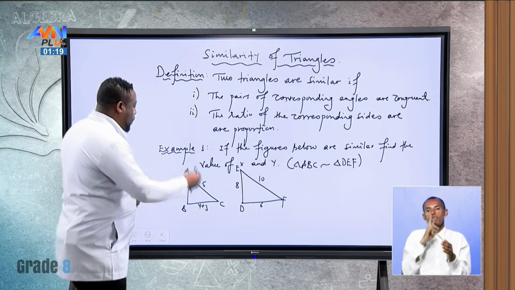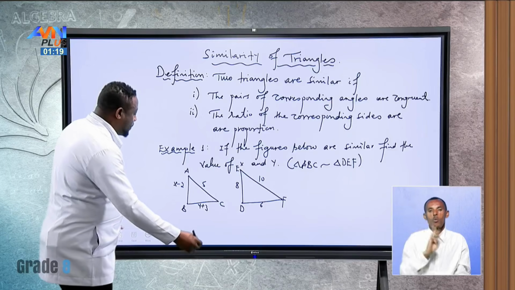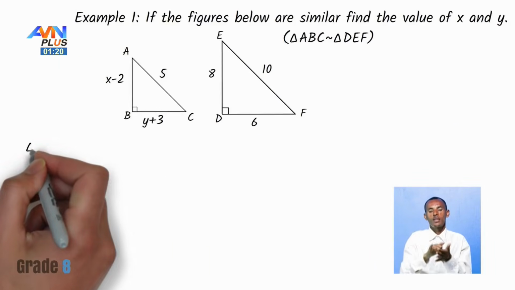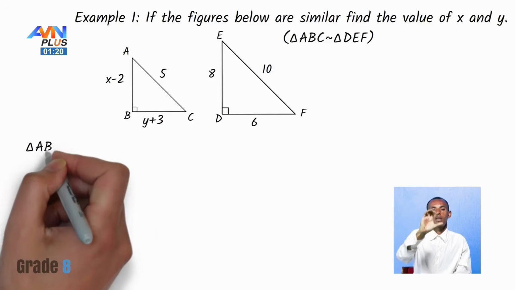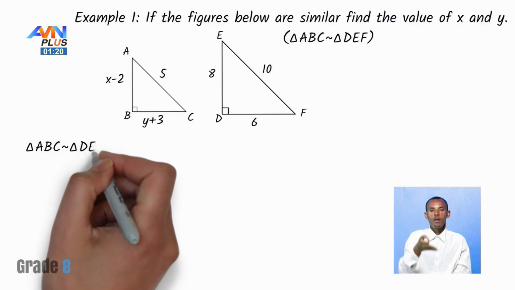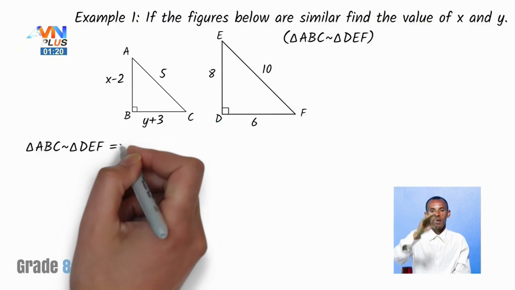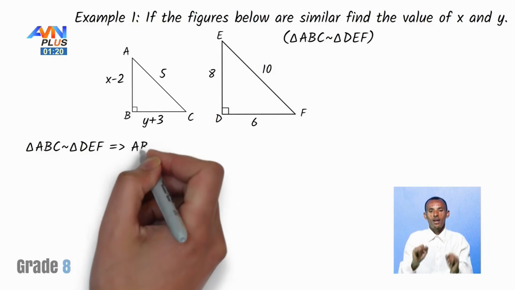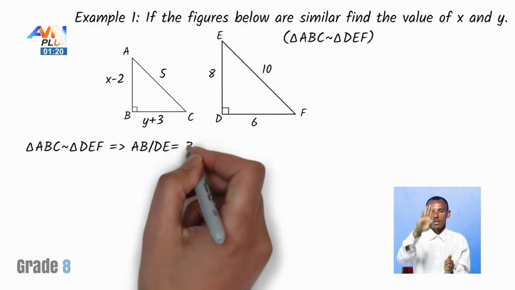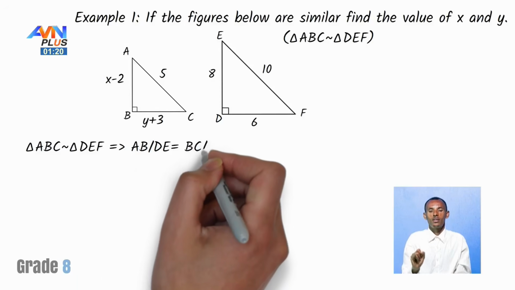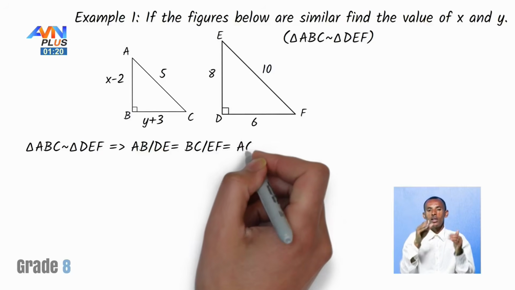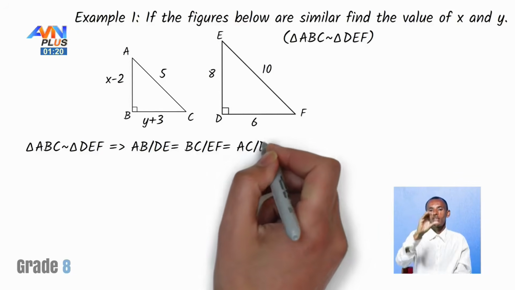So if we have this, we can say that triangle ABC is similar to triangle DEF, implies AB over DE is equal to BC over EF, and this is the same as AC over DF.